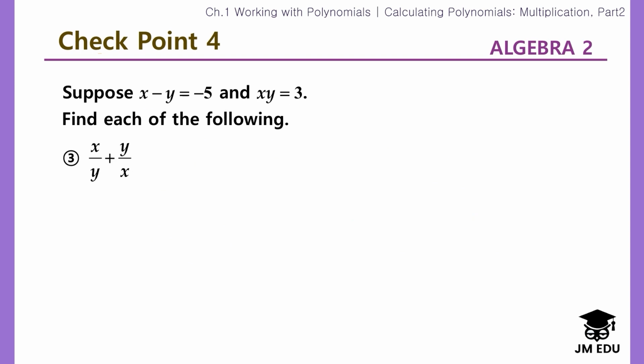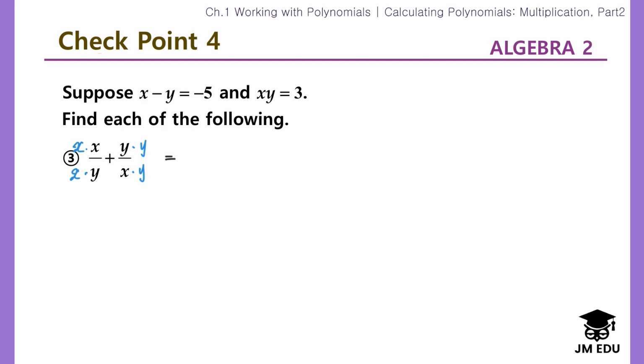Number 3, we have fractions, x over y plus y over x. To add two fractions, we're going to have to find the common denominator, right? The common denominator is xy. So we're going to multiply by x here, multiply by y here.